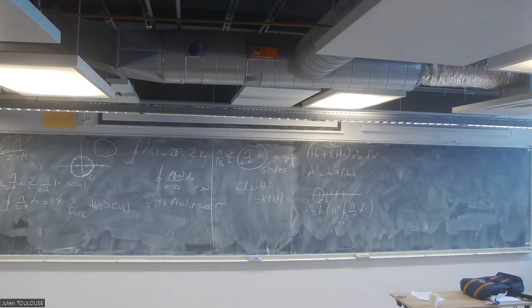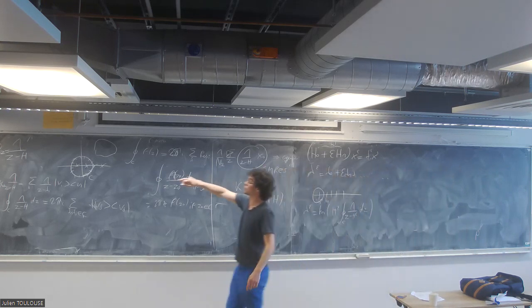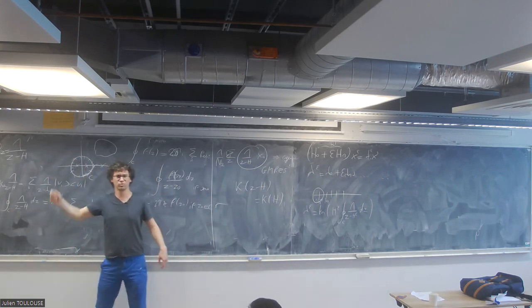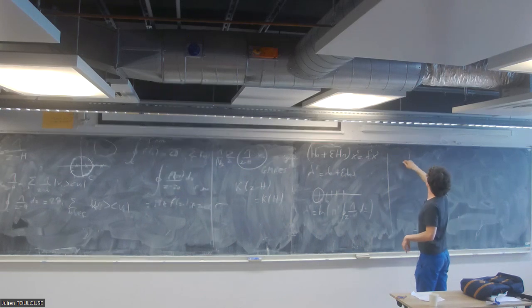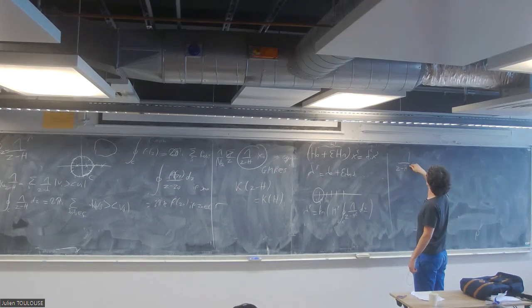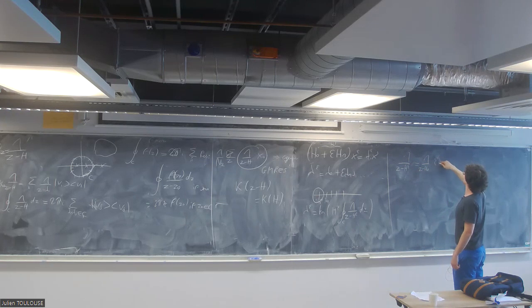So why does this help me? Because it's easy to see that this is analytic as a function of epsilon. Okay, remember we said this function was analytic. How do we prove that this is analytic again? Well, z minus H epsilon. This is 1 over z minus H0, epsilon H1.